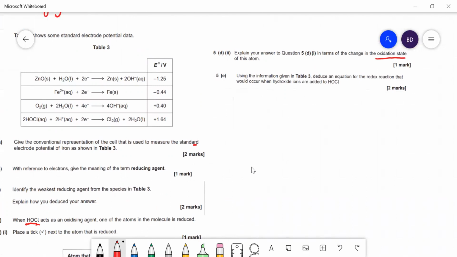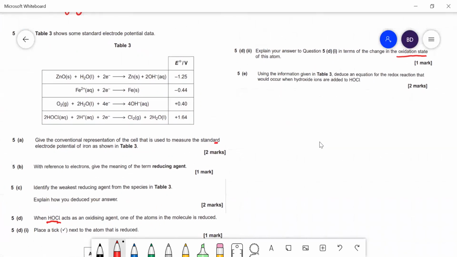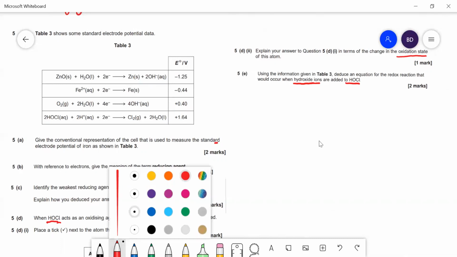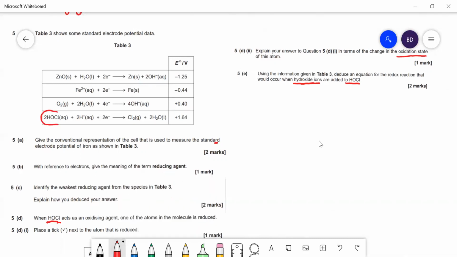Use the information given in table 3 to deduce an equation for the redox reaction that would occur when hydroxide ions are added to HOCl. So we need to look at our table there. Right, we've got HOCl here. And the hydroxide ions, well, we've got hydroxide ions up here with the zinc, but it doesn't ask us about the zinc, so we're not talking about that.